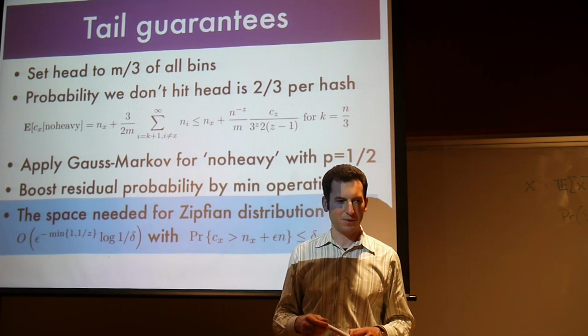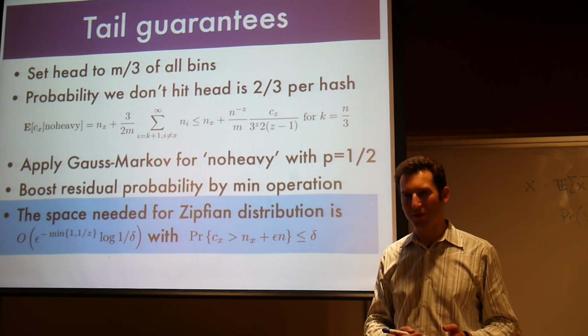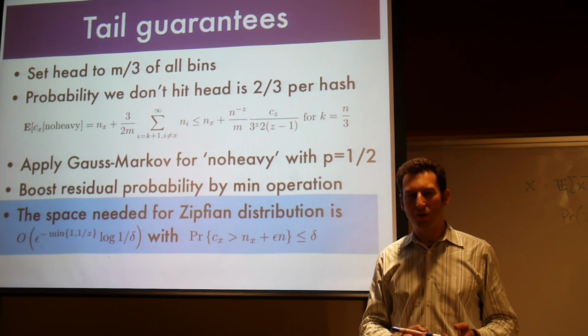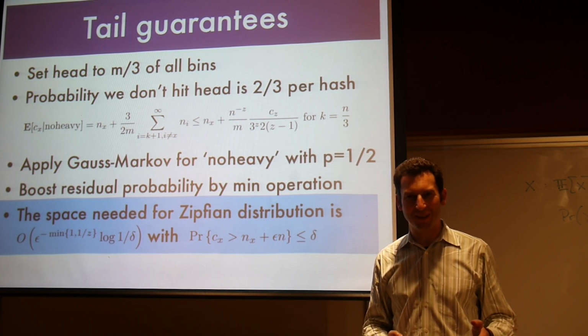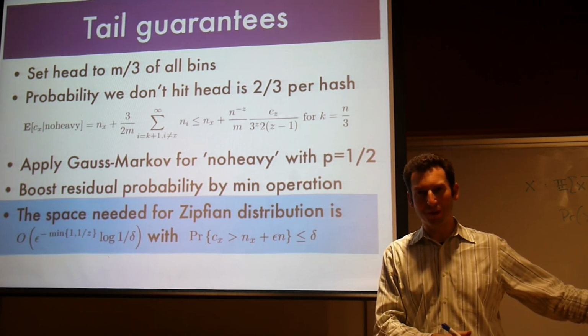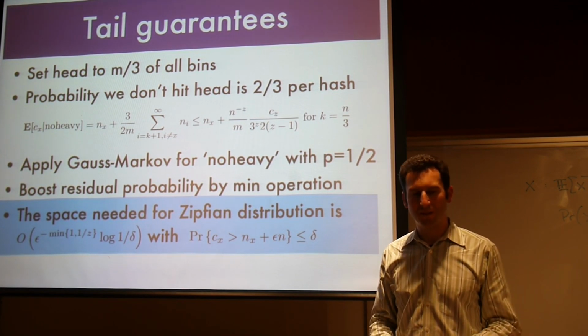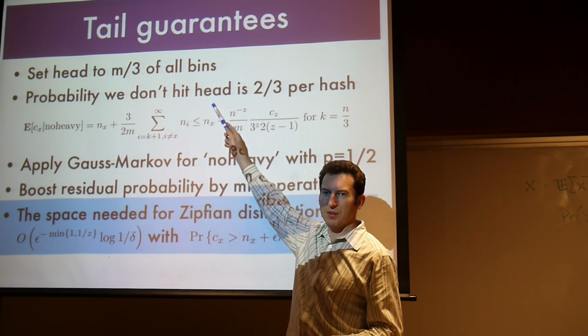And that's exactly what you would expect from a power law distribution, because it almost degenerates into a data structure where I have one set of storage for the heavy hitters and then the count min sketch for the rest. So if you look at the analysis, that's pretty much how it works.